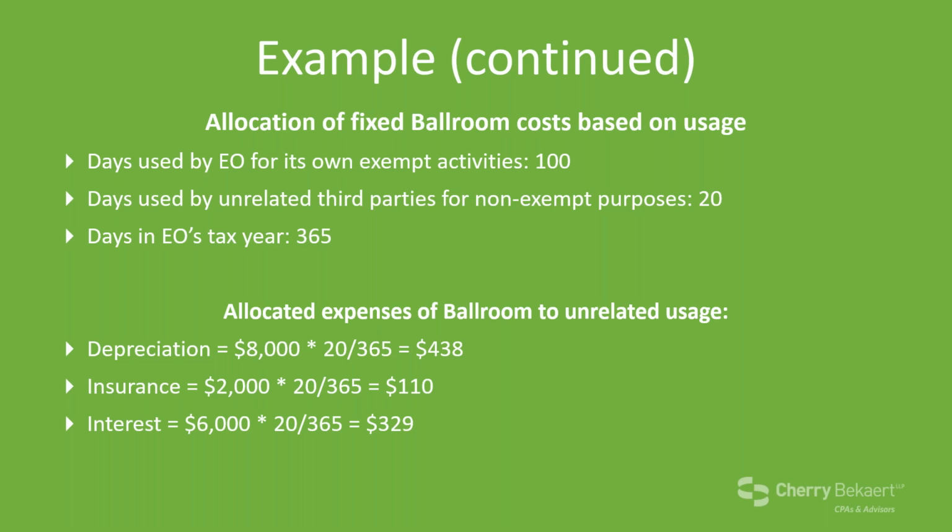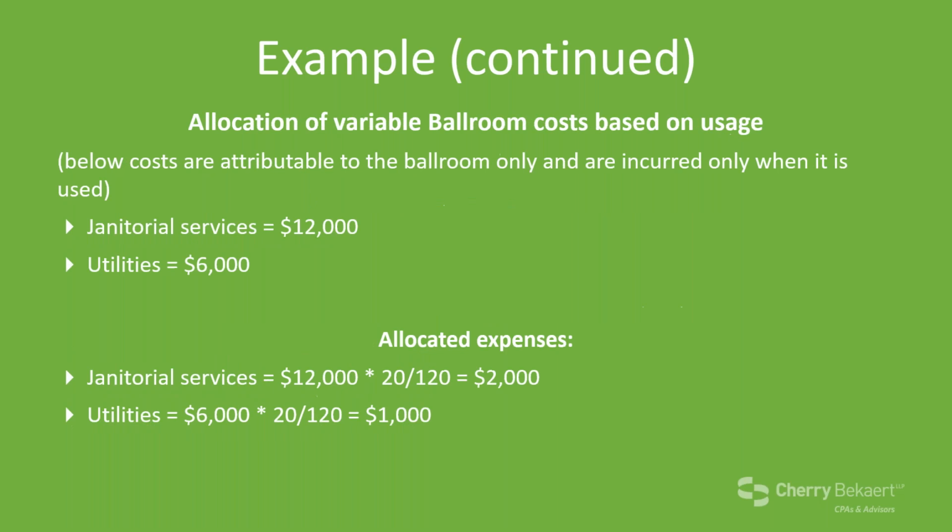So the more conservative approach would be 365, but there's certainly an argument for using 120 as a denominator. So for variable costs, we use the 20 days to 120 days because those costs are only incurred when the space is used. So it doesn't make sense to use 365 in that example.